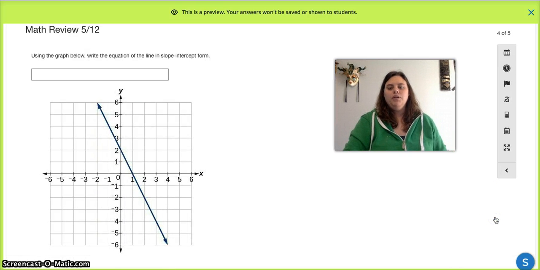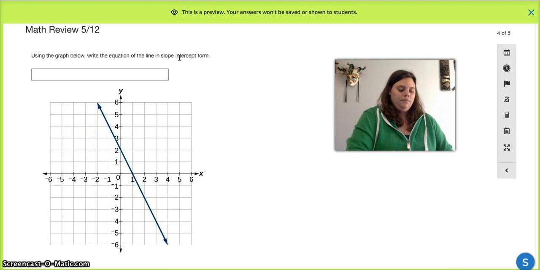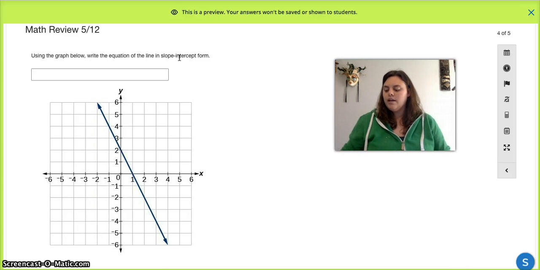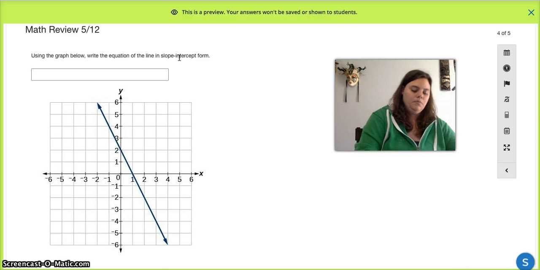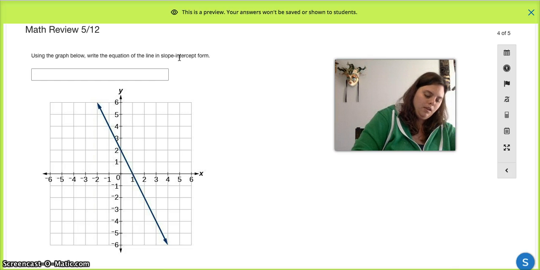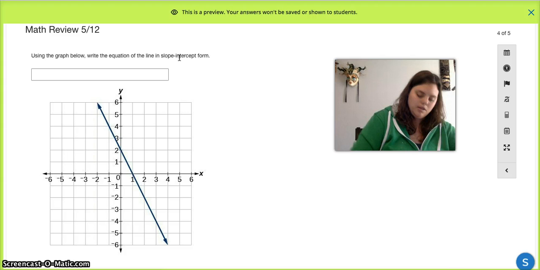Using the graph below, write the equation of the line in slope-intercept form. Slope-intercept form is the same as that problem from number 2. Y equals mx plus b, where m is your slope and b is your y-intercept.